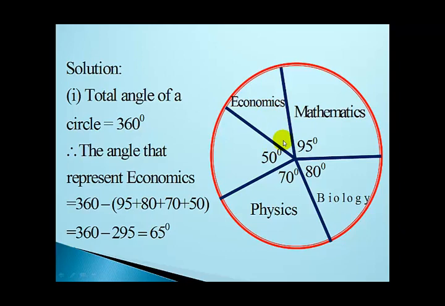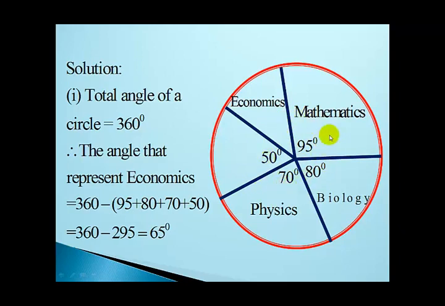But we are given 4 other angles. So when we add 95 degrees, 80 degrees, 90 degrees and 50 degrees, and subtract the sum from the total angle of a circle, that will give us the angle for economics, because the total is equal to 360.